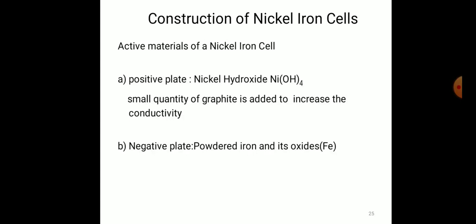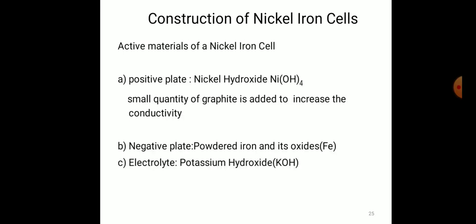A small quantity of graphite is added to increase the conductivity of the positive plate. The other one is the negative plate, which is nothing but powdered iron and its oxides. The third one is the electrolyte, which is potassium hydroxide.